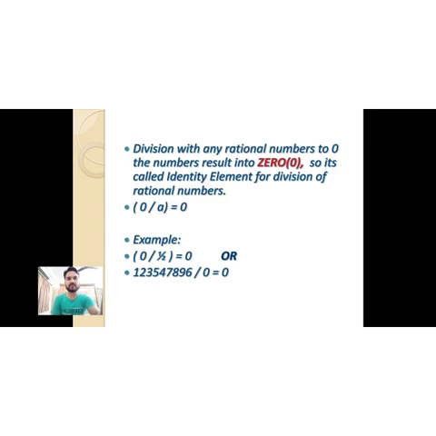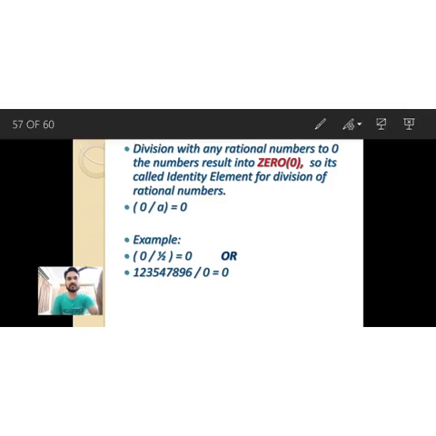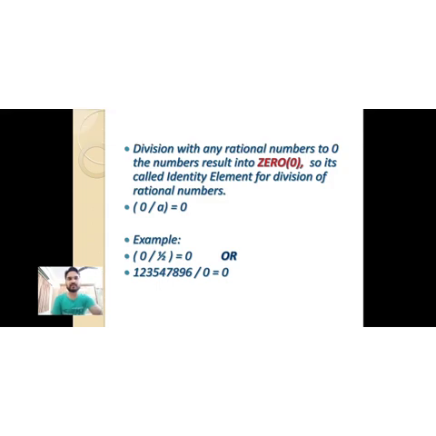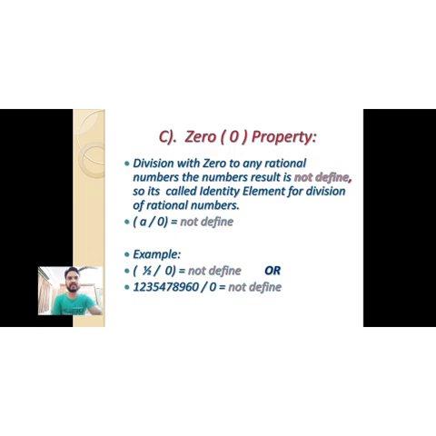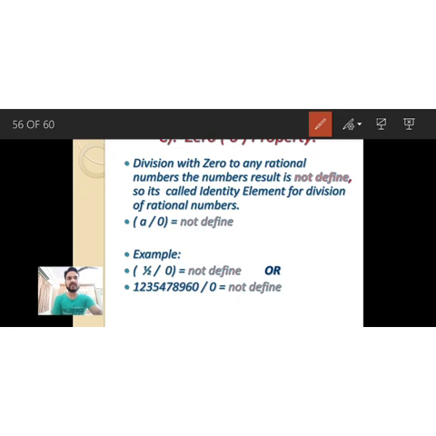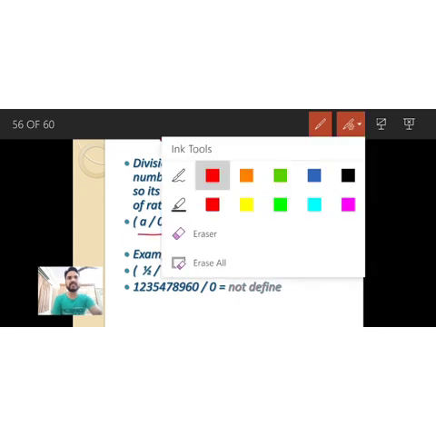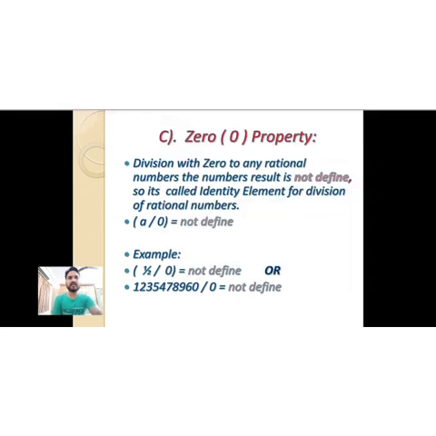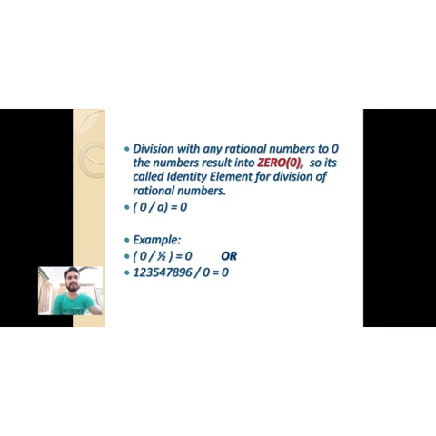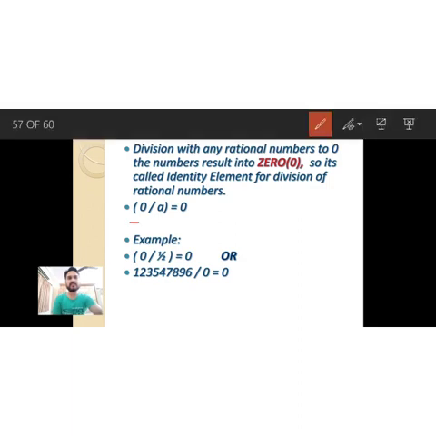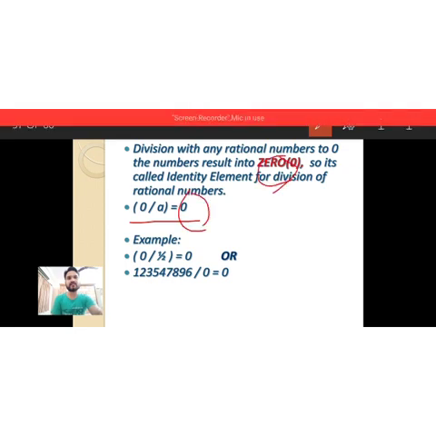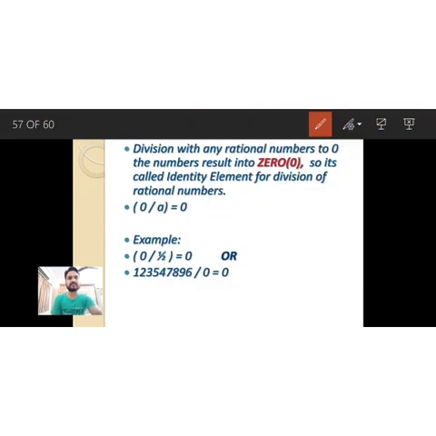So here, any number divided by 0, the answer is not defined. And the next one is 0 divided by any number, the answer is 0. Okay, you have to use this.